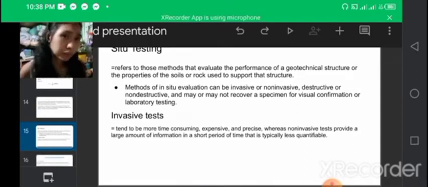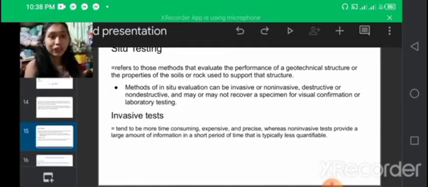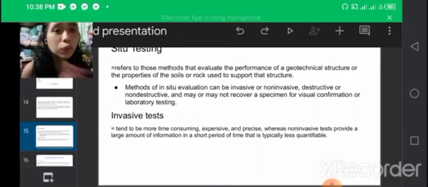So, in situ testing refers to those methods that evaluate the performance of a geotechnical structure or the properties of the soils or rock used to support that structure. Methods of in situ evaluation can be invasive or non-invasive, destructive or non-destructive, and may or may not recover a specimen for visual confirmation or lab testing.